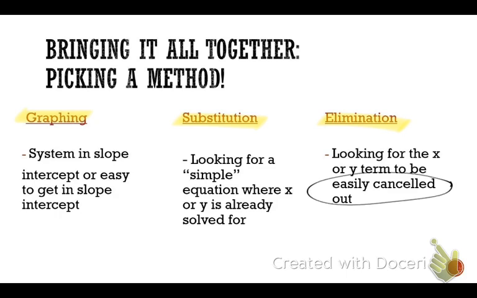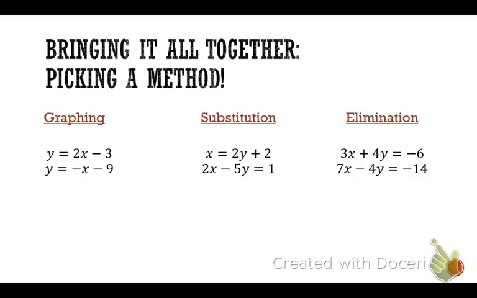Here are some sample systems that would fall in line with each method. For graphing, what do you notice about each equation? They're ready to graph. Both equations are ready to graph. I just plot the points on the lines and I'm done, especially if the graph is already right there next to me.